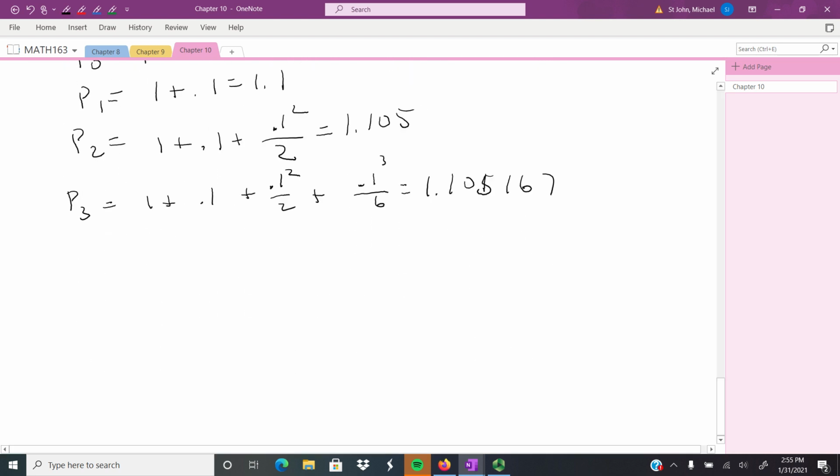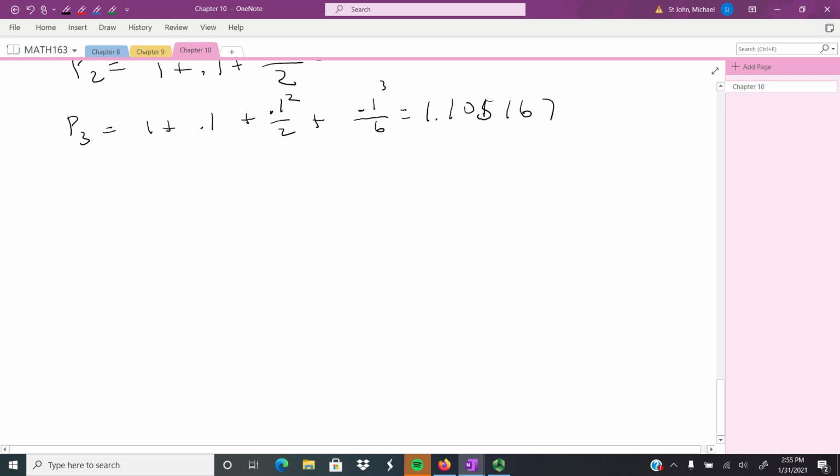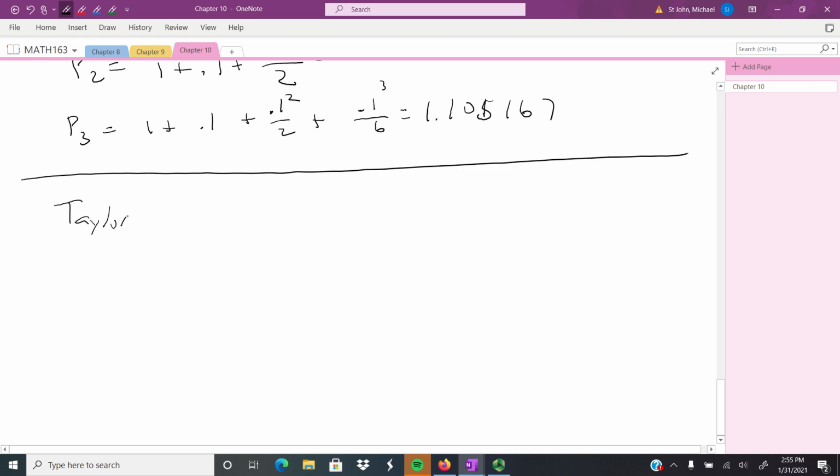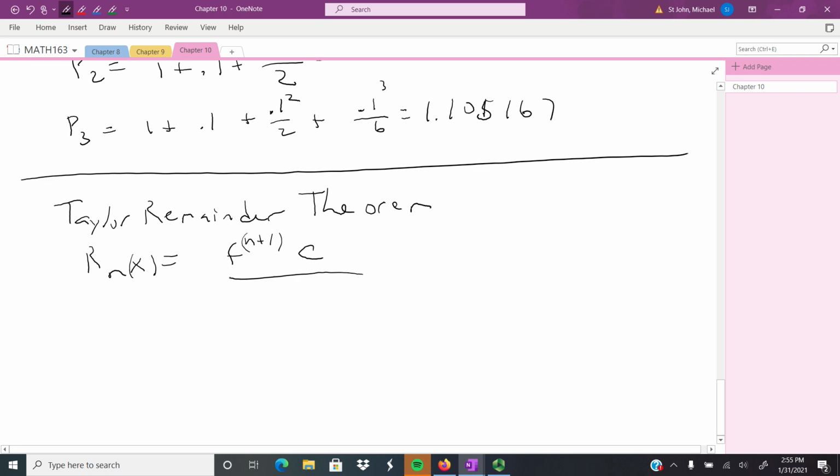Other things in regards to Taylor is we get the Taylor remainder theorem. And so Rn of x is f to the n plus 1 of c over n plus 1 factorial times x minus a to the n plus 1.